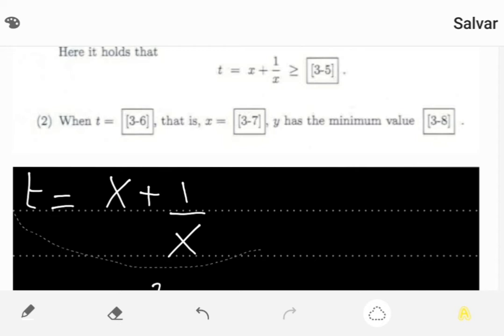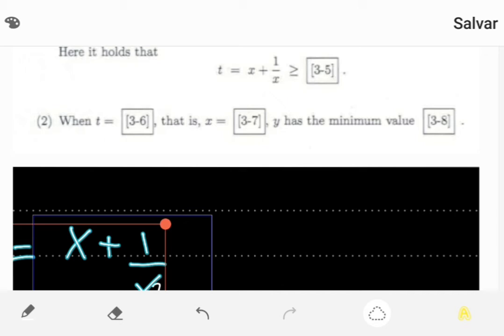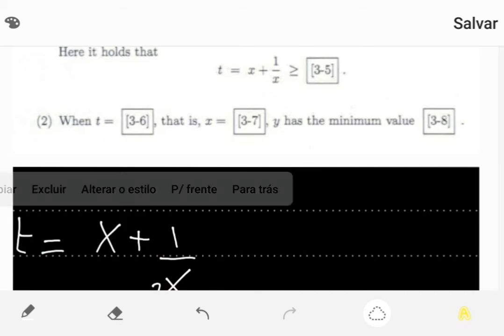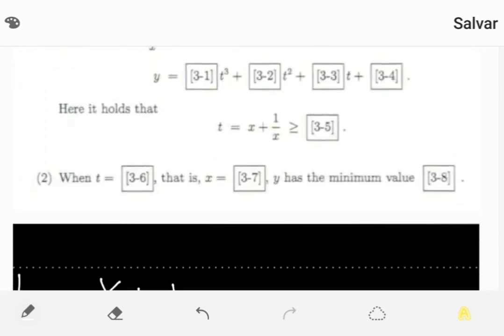Now let me just copy, just so that I can have space. So let's write our function.